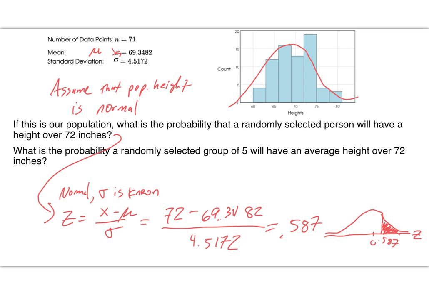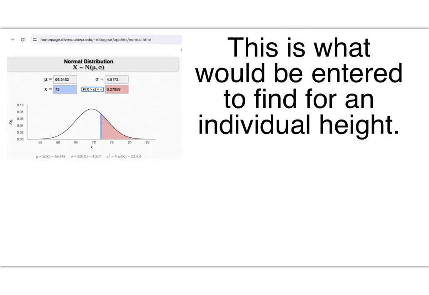And it tells me that that area right there is 0.2786. So then that will mean that there is a 27.86% chance that an individual will be over 72 inches tall. All right, so that's what we did right there.